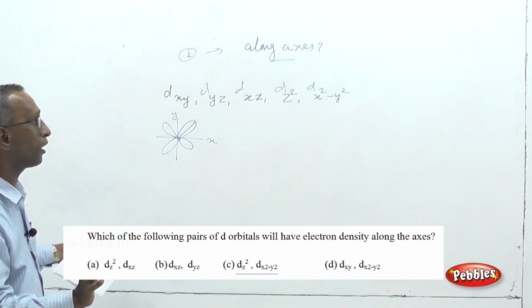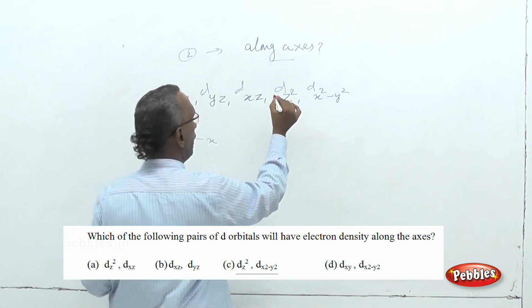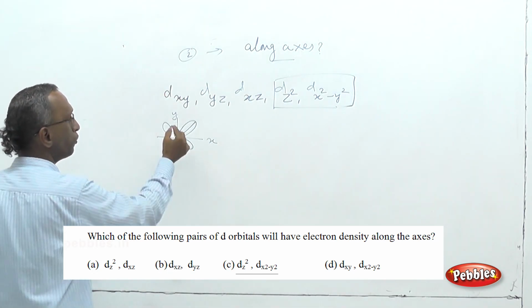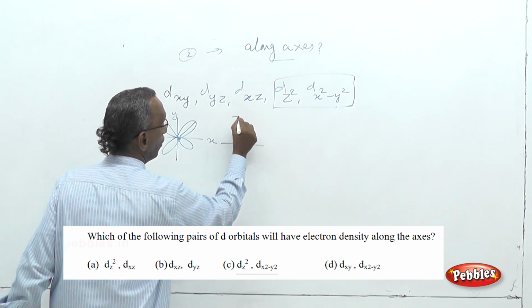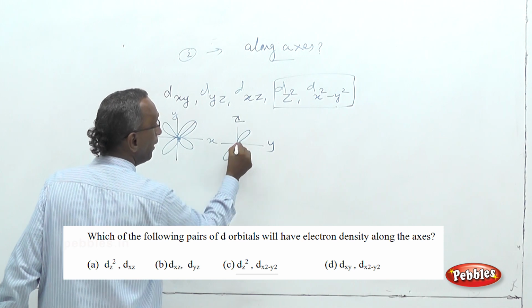Which are they? Different choices are given. One of the choices is these 2. dxy is not along the axis. If you write yz and xz, they will also be in a diagonal fashion.